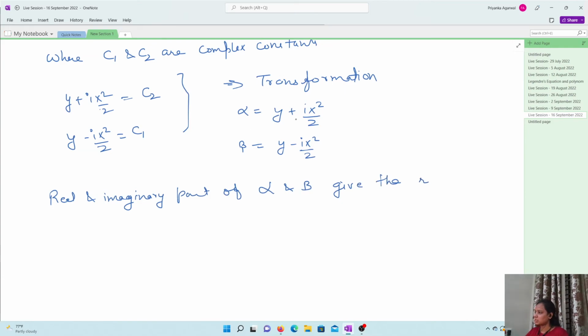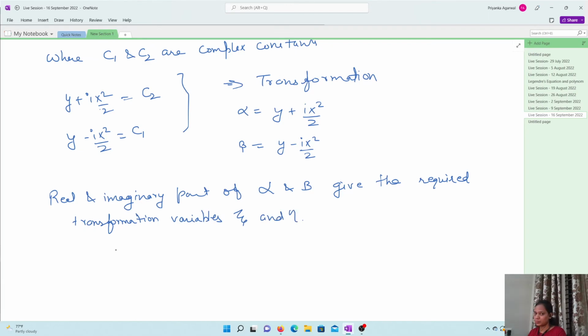So from these, if we take the real part together and the imaginary part together, then we can get the required transformation variables, which are xi and neta.